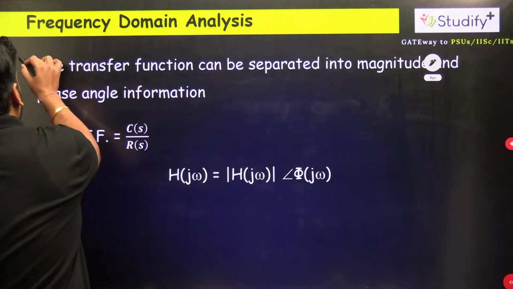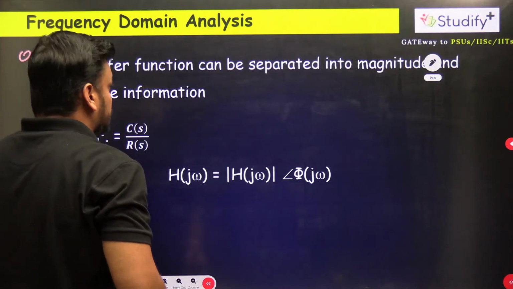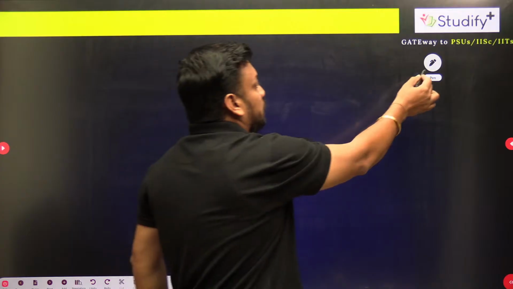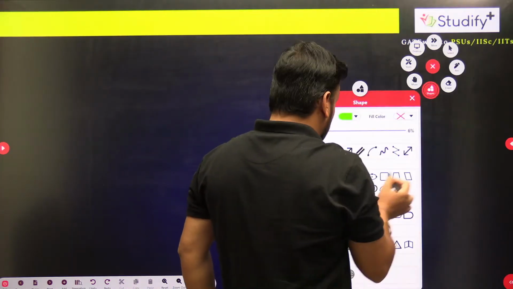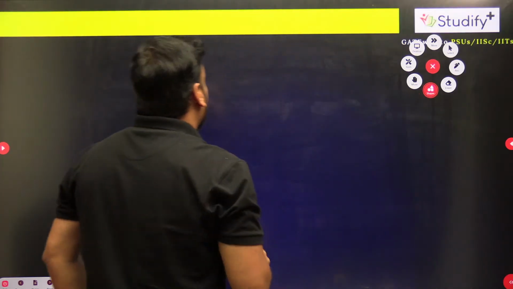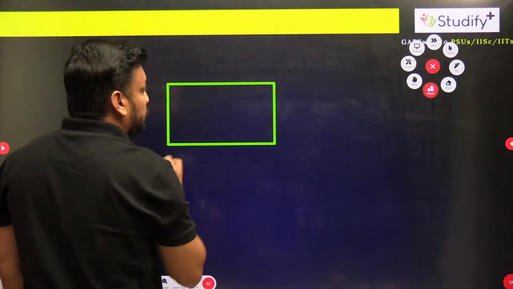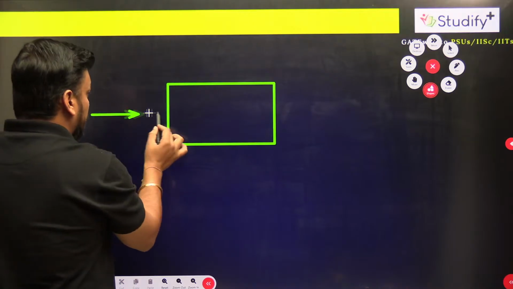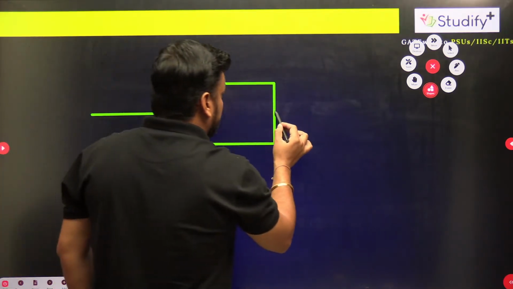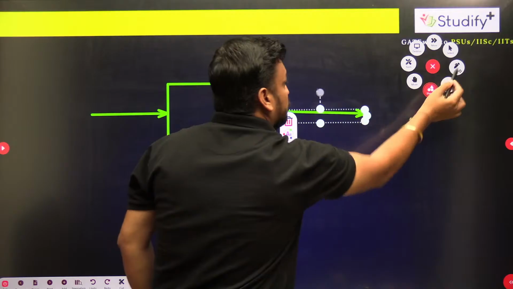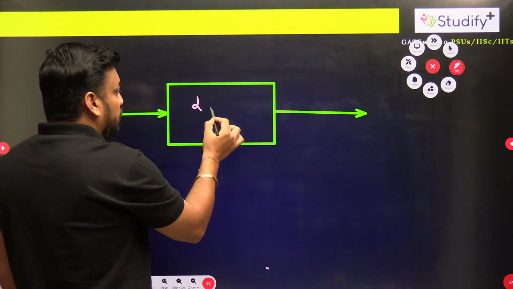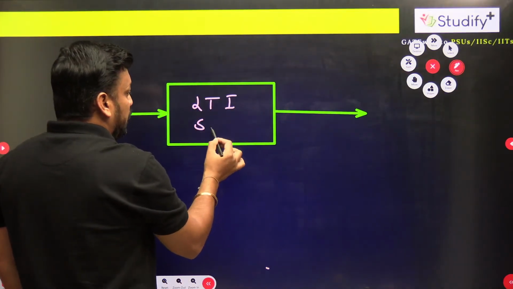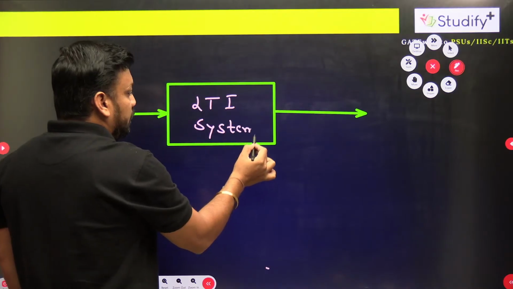So in today's class, we start with the concept of LTI system for the sinusoidal input. So just make a heading: LTI system for the sinusoidal input. Students, suppose this is your LTI system. I hope my voice is loud and clear. LTI stands for linear time invariant system.